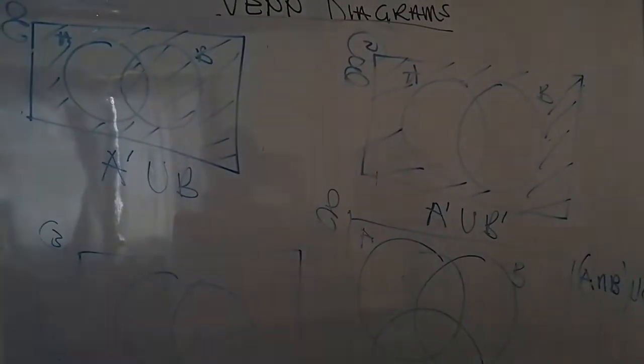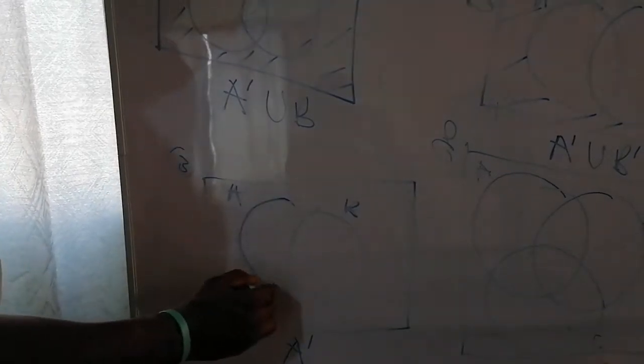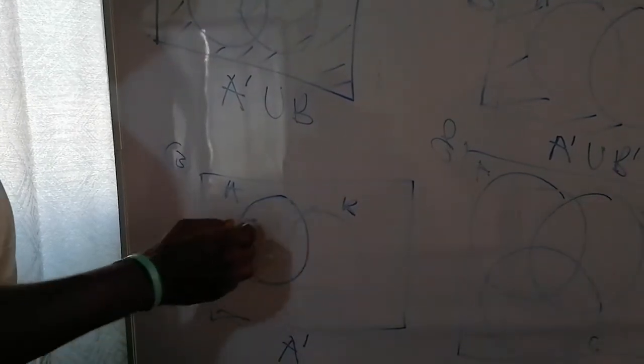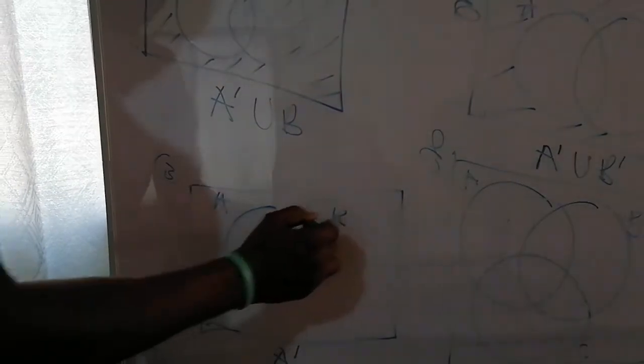The next one is talking about just A complement. So if this is A, this is set B, and we are looking at A complement. A complement is everything in the universal set that is not in A. So in this case, everything not in A, including B. So A complement will be the shading of everything but A. So you have all of this.